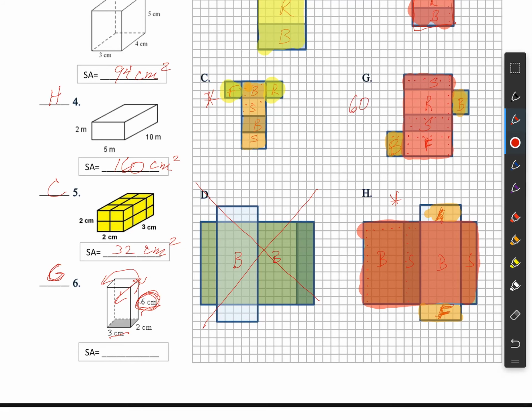That's going to give me 60. Okay. And then I have two smaller areas. I have 1, 2 by 1, 2, 3. So that's just going to be 6. So don't forget I have not just one, but two smaller areas that I have to add together. And when I add those together, I have 72 centimeters squared.